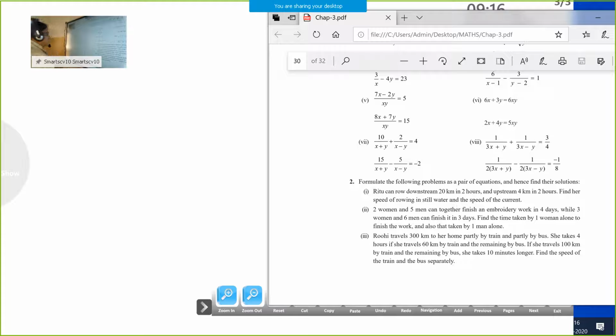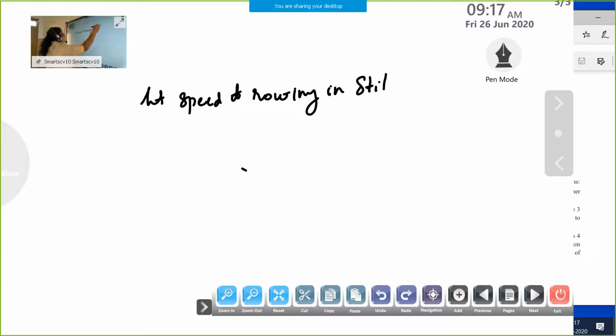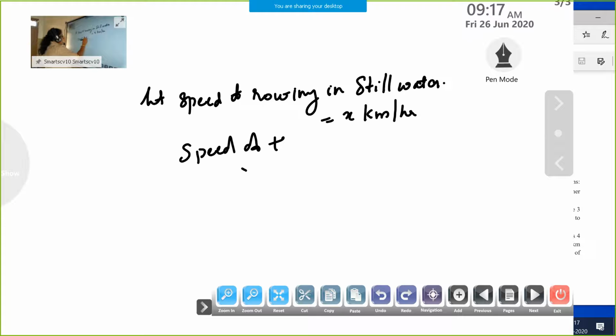That means we can assume that the speed of rowing in still water, still water meaning there is no force, is equal to x kilometer per hour, and assume that the speed of the current, or the flow, is equal to y kilometer per hour.